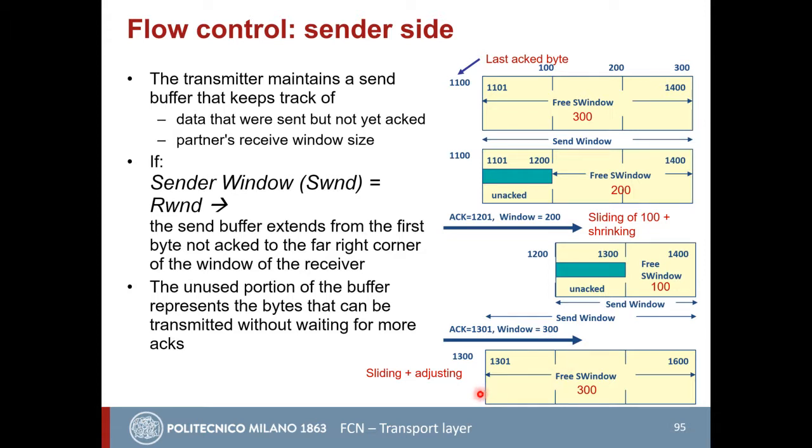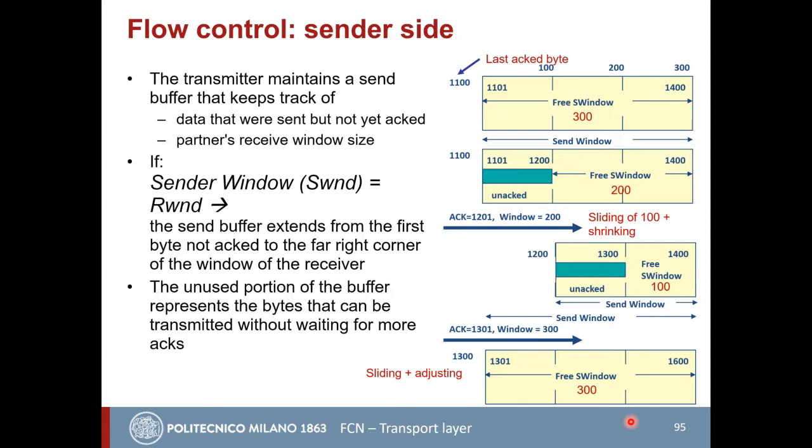All the bytes that have been sent are acknowledged, so bytes are acknowledged until byte number 1300. So they get out of the send buffer, and also the indication of the window that has been received is 300. So the send window can get large again to the value of 300. Okay, so this is the final situation.